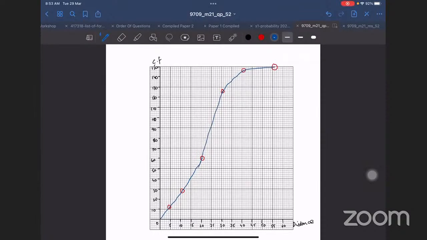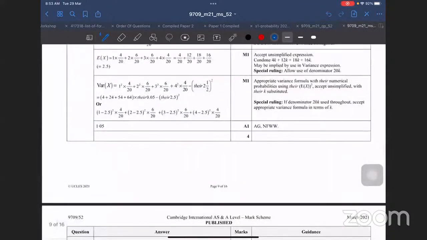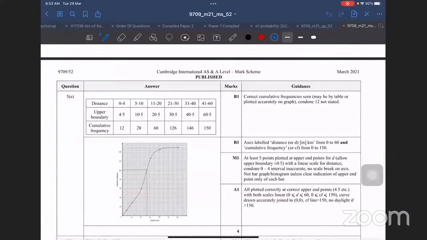This is as accurate as I think I can draw it. Okay, let's verify if we've drawn it correctly. Those are the points that need to be plotted. I think we've got them all correct. There's a slight wave here, so that means I'm drawing it correctly.